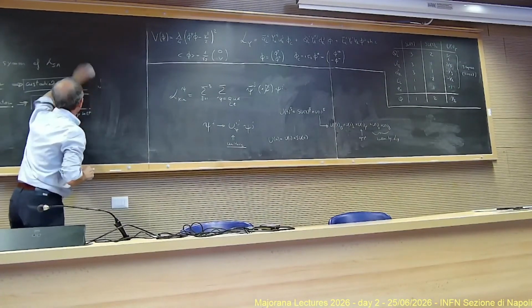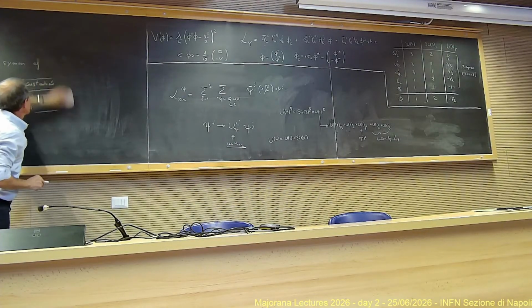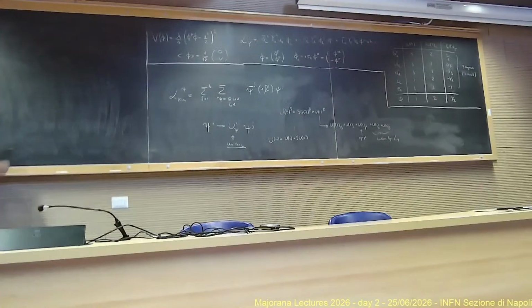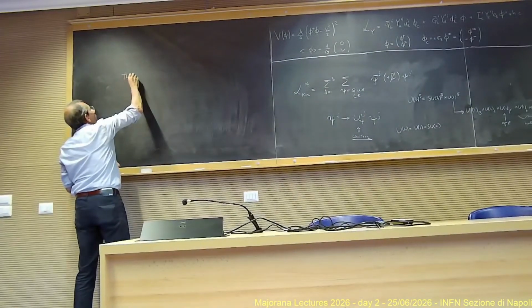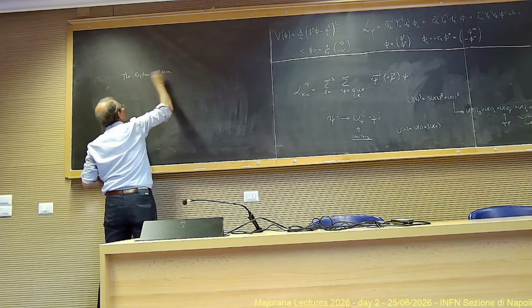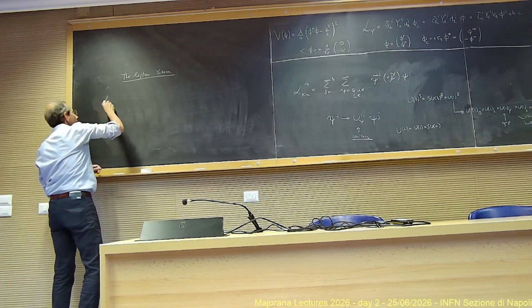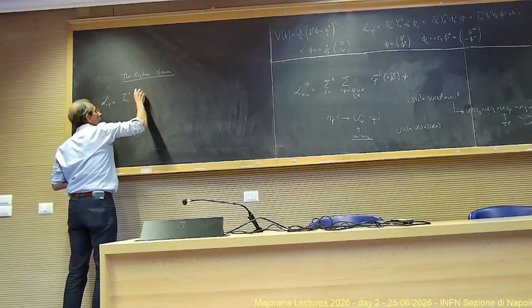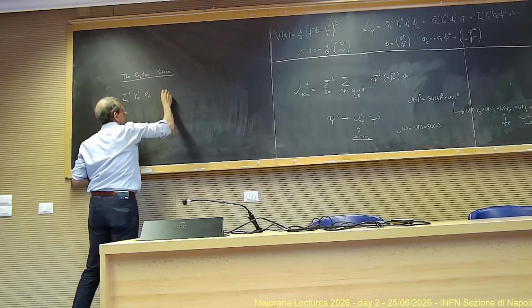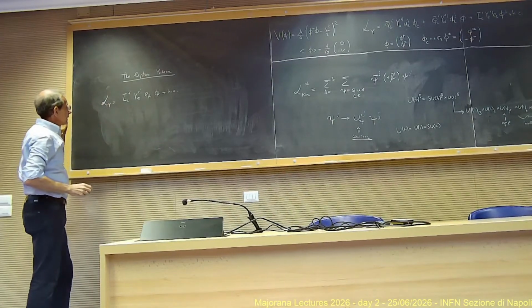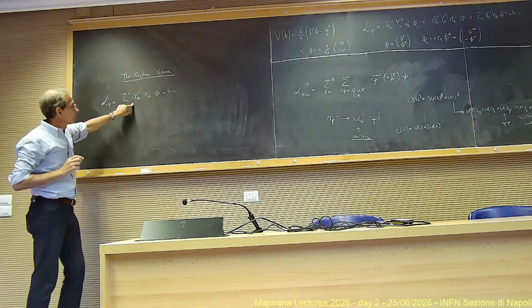So let me try to discuss this first in the electron sector. The electron Yukawa is like this. There is only one. As I said, you know how the story works for the Yukawa.